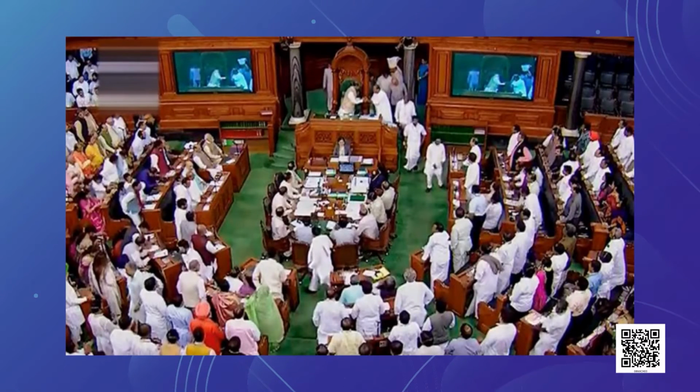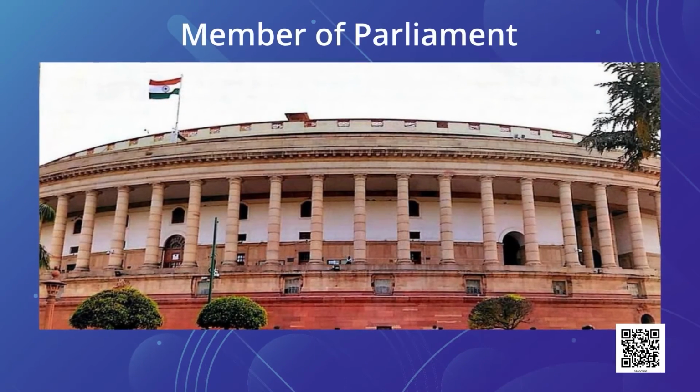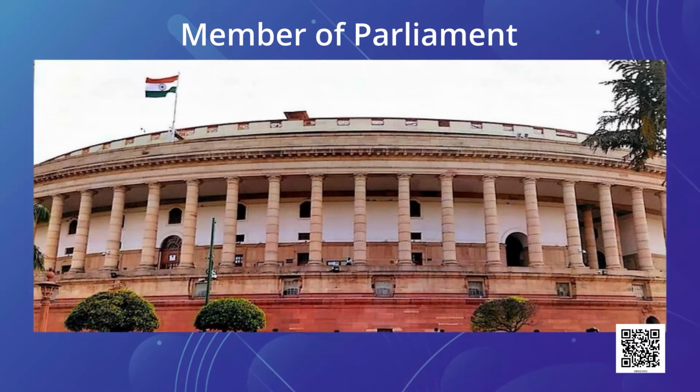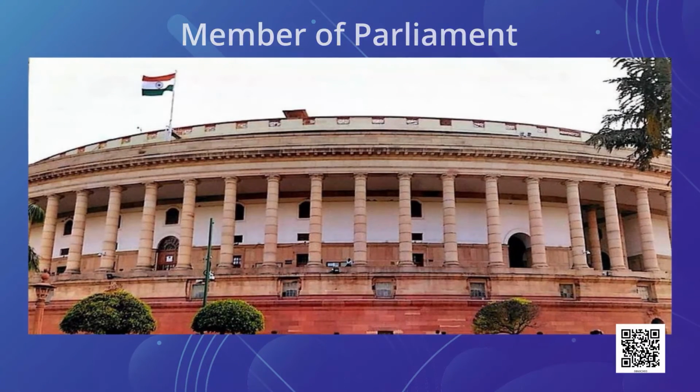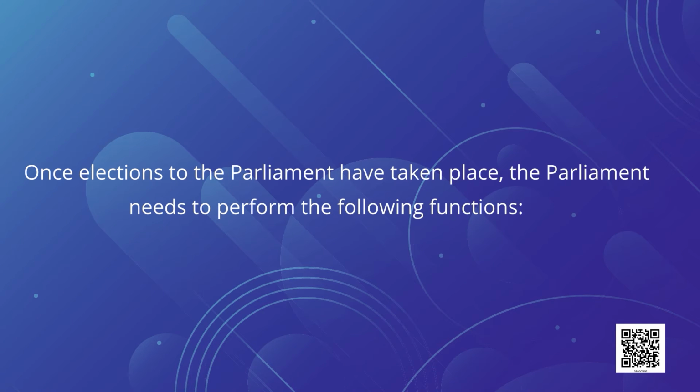The candidates who contest elections usually belong to different political parties. Once elected, these candidates become Members of Parliament or MPs. These MPs together make up the Parliament. Once elections to the Parliament have taken place, the Parliament needs to perform the following functions.